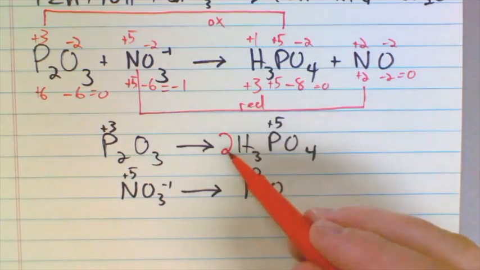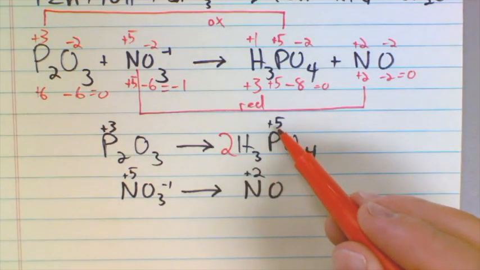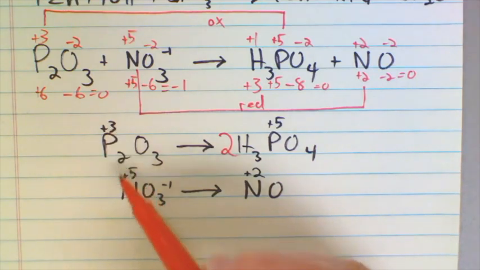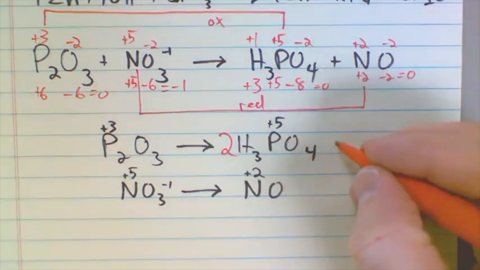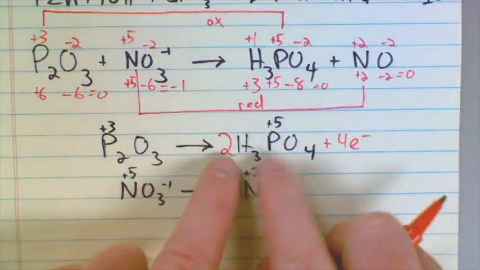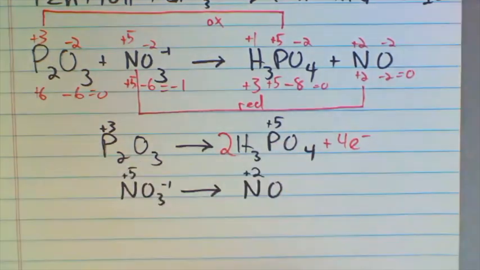So we have a grand total of 10 over here and 6. You always have to multiply the coefficients or the subscripts of the ones that are being oxidized or reduced. So that's going to be 4 electrons there to balance that out.